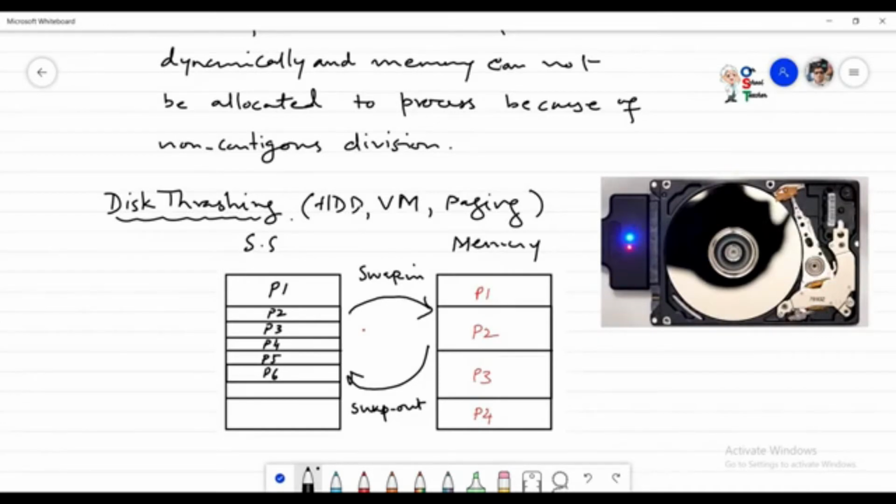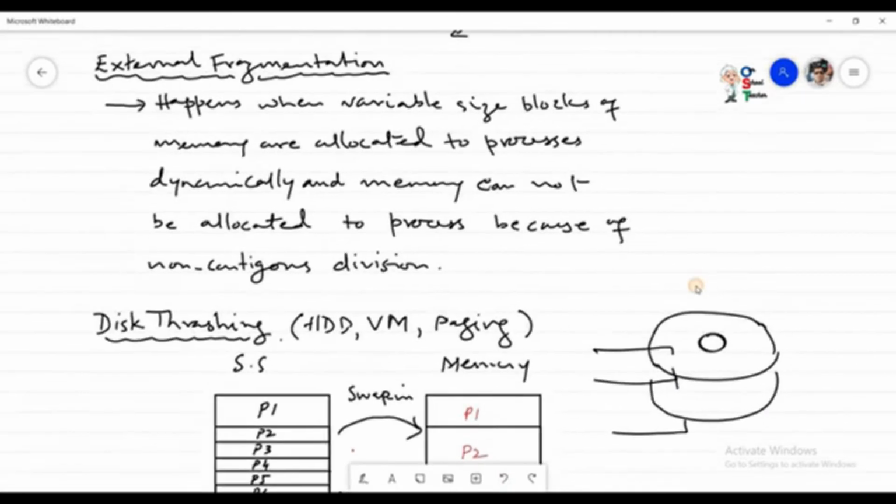So if there is a lot of swapping in and swapping out, then head movement will be a lot on the hard disk drive platter. Because of this, there may be malfunctioning on the hard disk drive. Your hard disk drive may crash. So this problem may occur, and this is the disadvantage of virtual memory and paging.